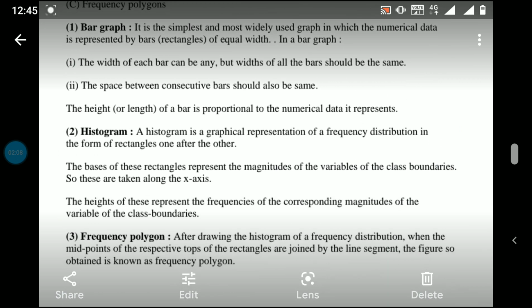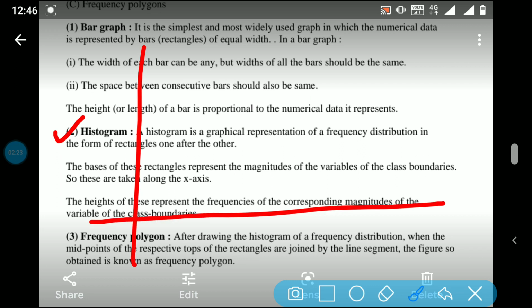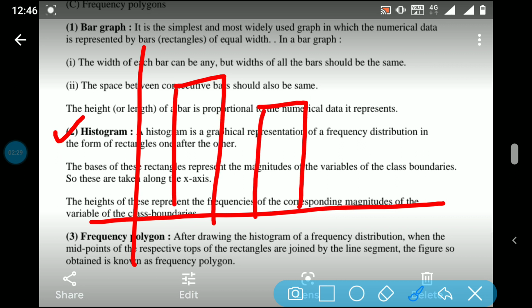And the second one is histogram. How to make the histogram? A histogram is a graphical representation of a frequency distribution in the form of rectangles, one after the other. First I am going to explain the bar graph once again, in which you represent the rectangles separately.